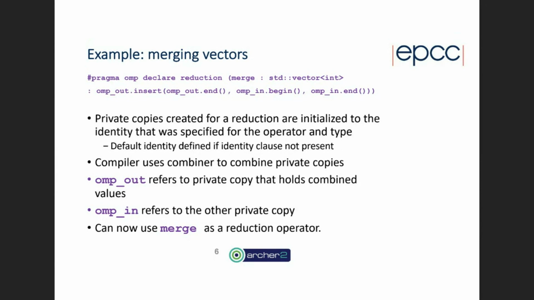So this basically tacks those onto the end of the vector omp_out. Then I can just use merge as a reduction operator in a reduction clause with some list of vectors in the clause.